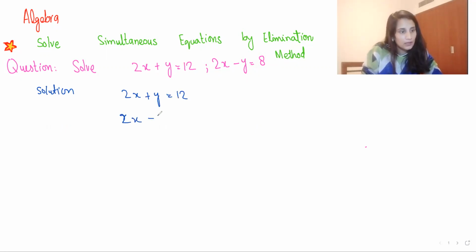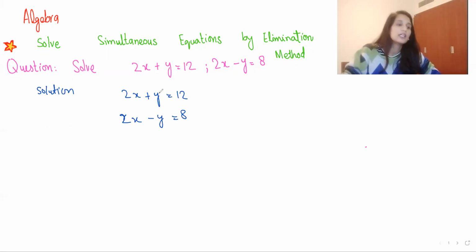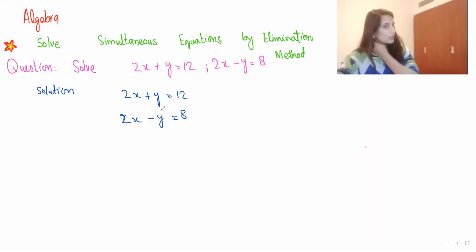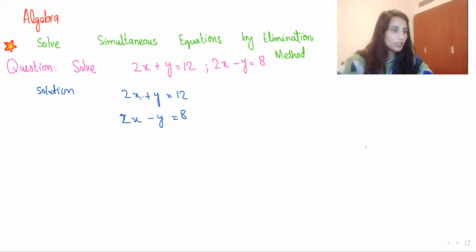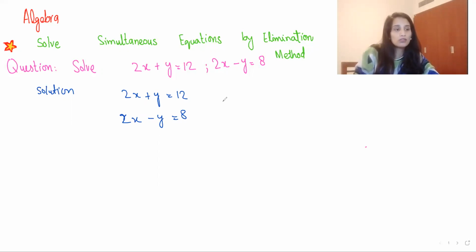As you can see in these two equations, plus y and minus y have the same value of y but with plus and minus. So if we add these two equations together, this y would be eliminated from the equation.